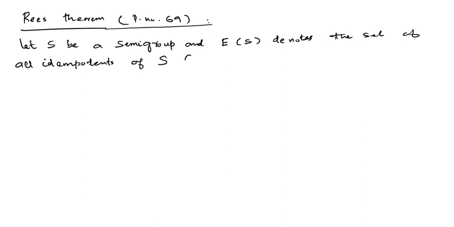Okay, this E of S may be empty. Now let's try to define this set. In case it is empty, we don't need to define an order on this set, so we assume that here it's non-empty.